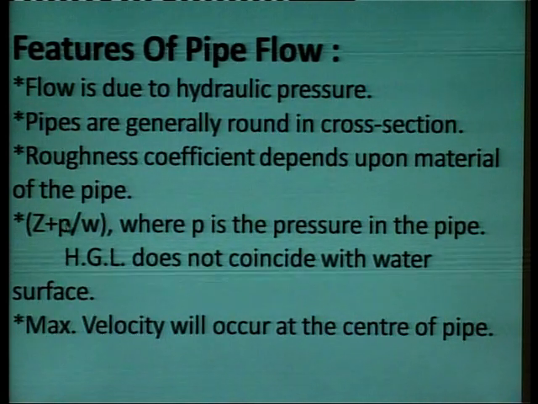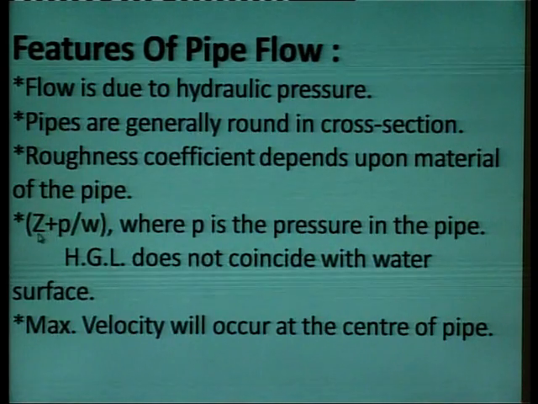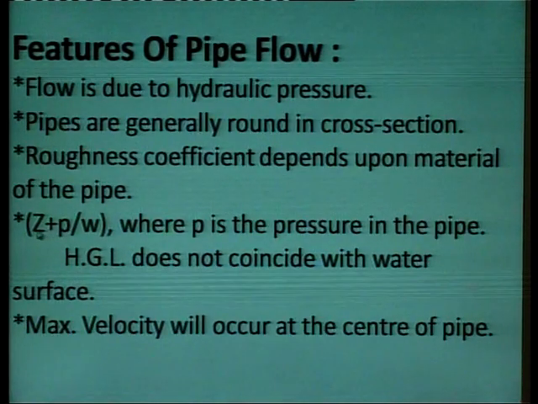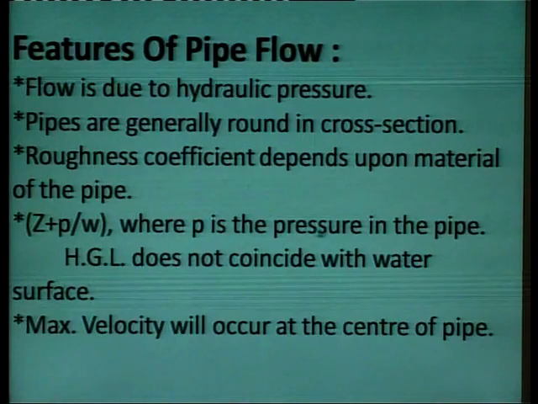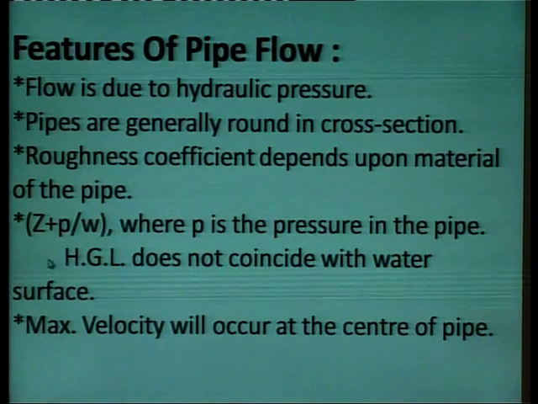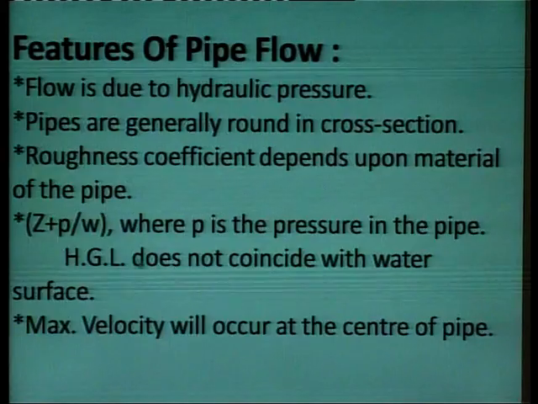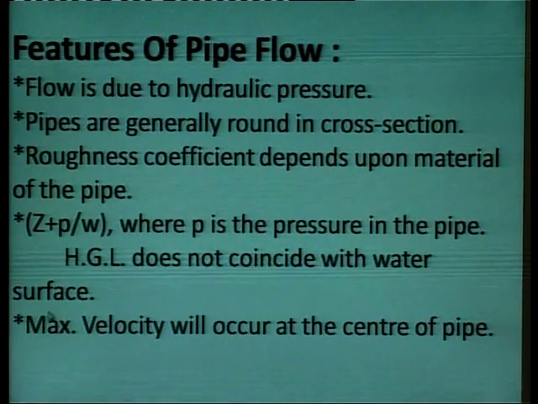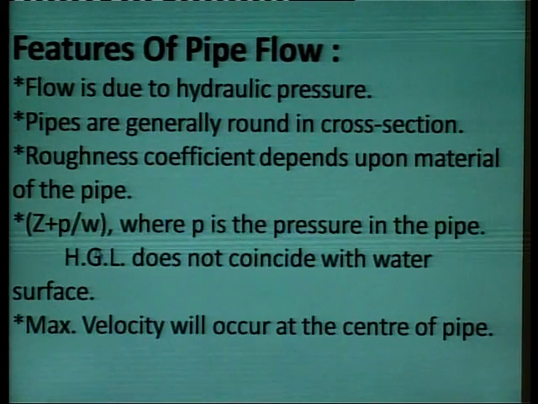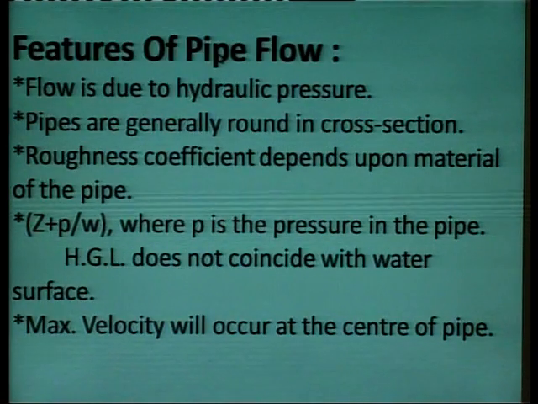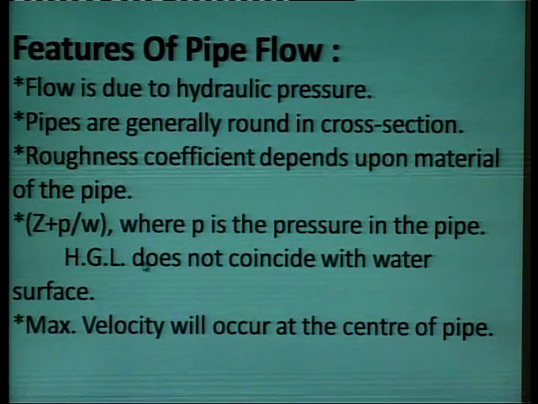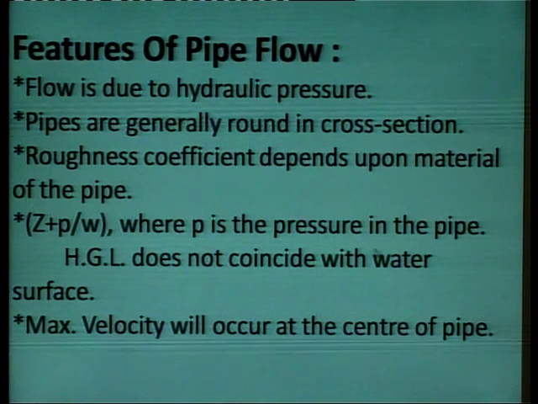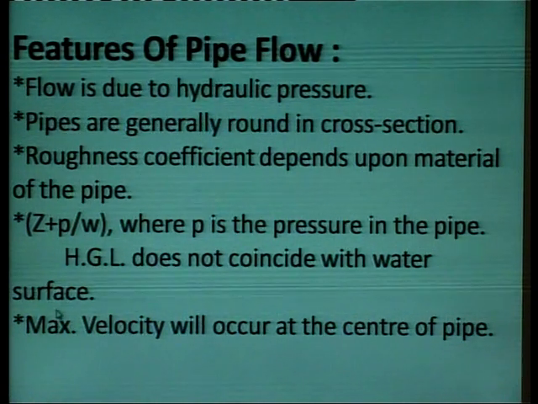The fourth one, the datum head and the pressure head, where P is the pressure in the pipe, and the hydraulic gradient line does not coincide with the water surface. So, in the case of flow through pipes, the hydraulic gradient line does not coincide with the water surface.